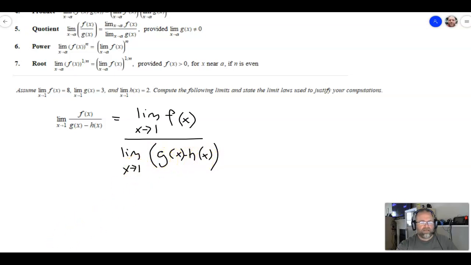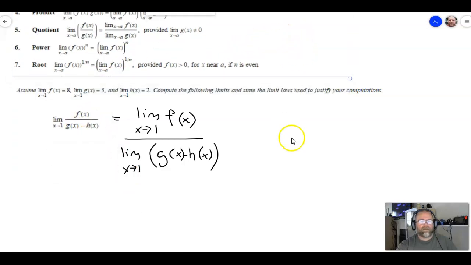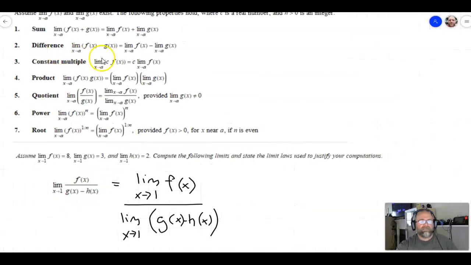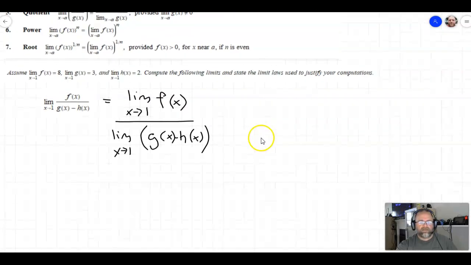But this one here, I'm going to have to break that up again, and this time I'm going to use the difference one. So if I have a difference of two functions here, I can break it up into the difference of the individual limits. All right, so I'm back over here. So this is going to be equal to the top, which is the limit as x approaches 1 of f of x, just equal to 8.